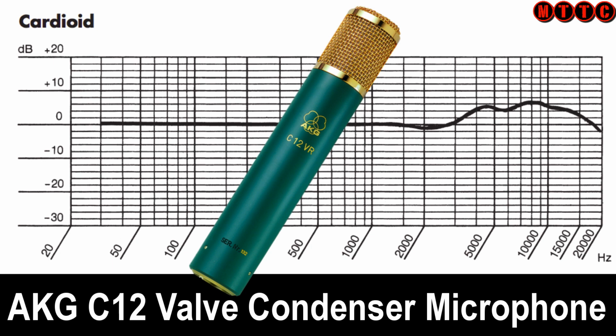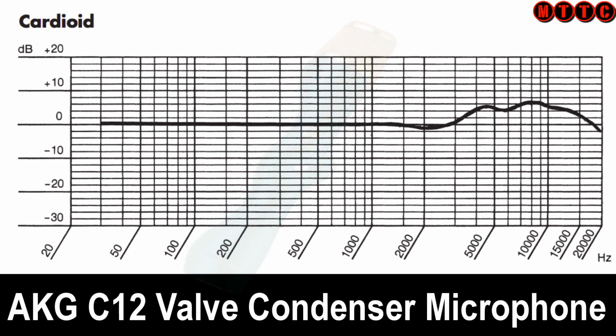All right, moving along. Now, this one here is another classic. This is the frequency response for the legendary AKG C12 valve microphone, and this is in cardioid pickup pattern. As you can see, the bandwidth of this particular mic is from around 30 Hz all the way up to 20,000 Hz or 20 kilohertz.